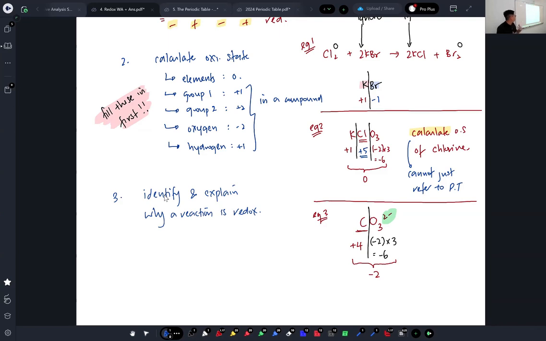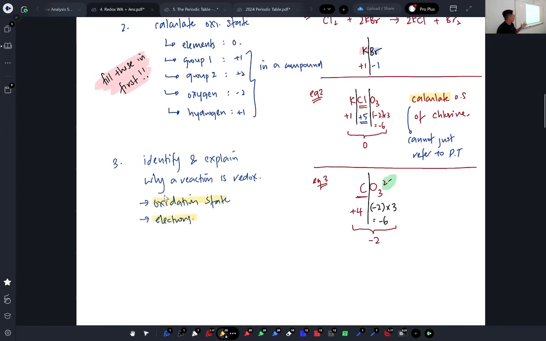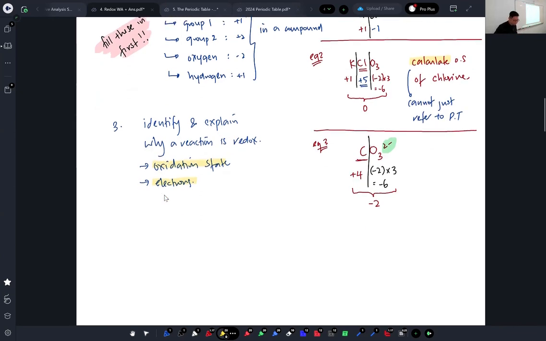Most of the time, the exam questions will ask you to use either oxidation state or electrons. So you must compare. After you fill in all the oxidation states, you must be able to compare your reactant and product, and tell me whether or not the oxidation state increases, or whether or not it gains or loses electrons. This one I'll run through later using the worded examples. It's a bit easier later.